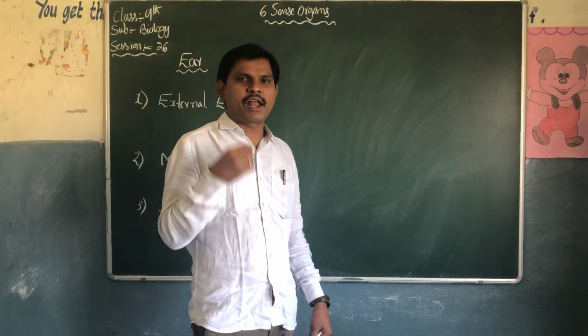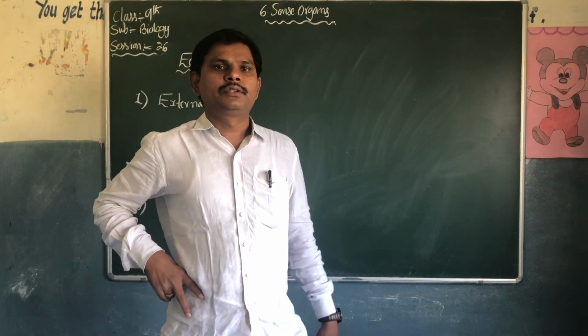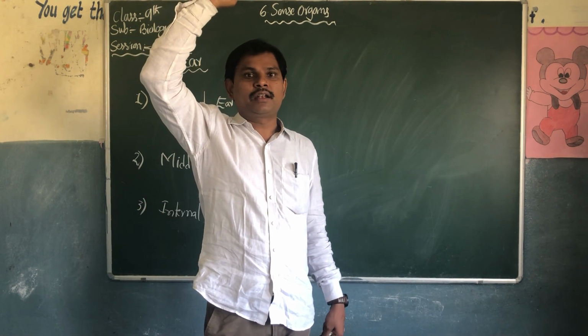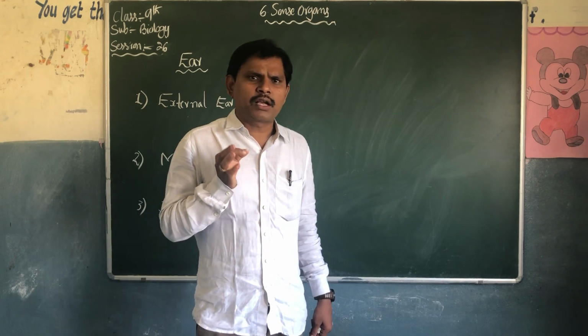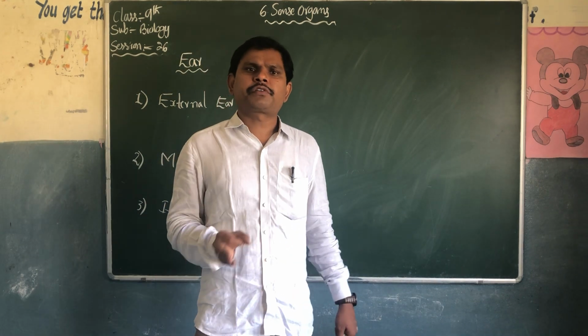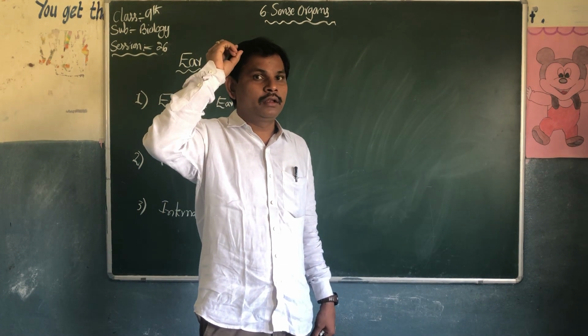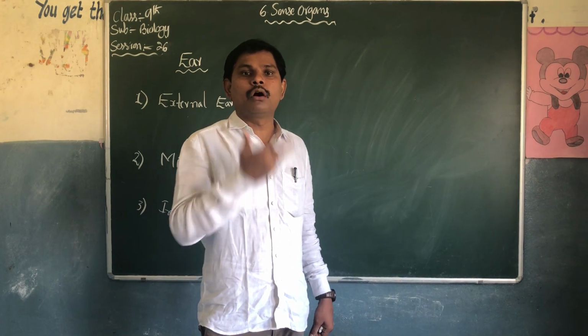What happens within a fraction of seconds? This information is sent to the brain. If I say Rajesh, you will say yes sir. It will not take one minute, half an hour or one hour. Within a fraction of a second the information goes to the brain, and you give a reply with your mouth.